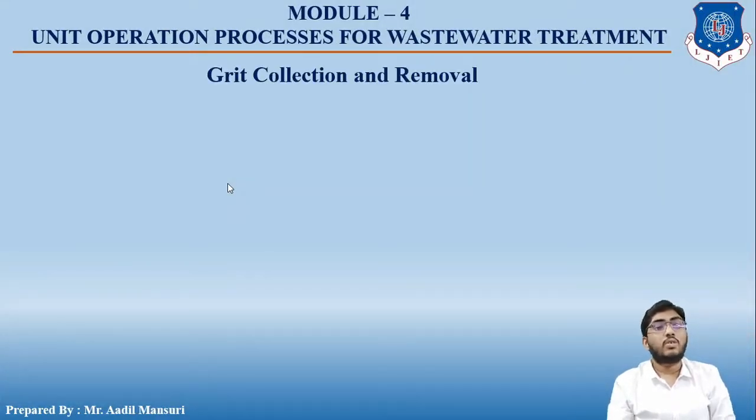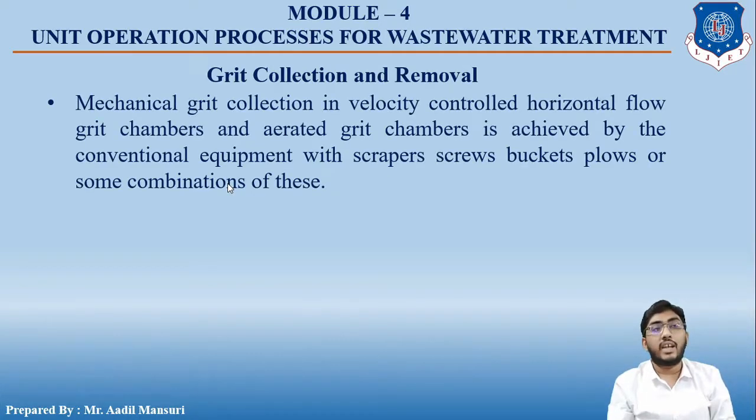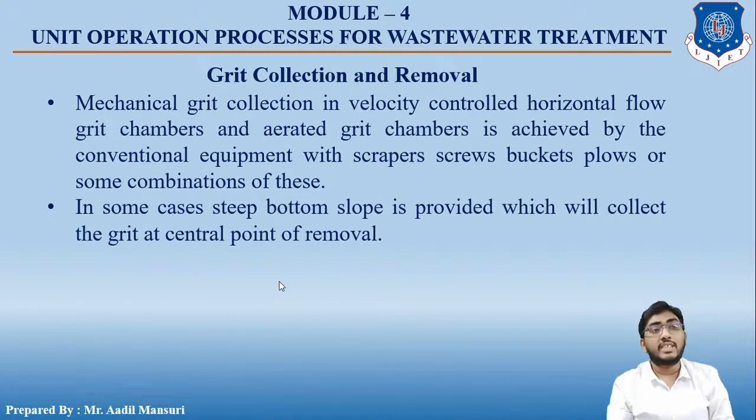So let us now talk about the grit collection and removal. Mechanical grit collection in velocity controlled horizontal flow grit chambers and aerated grit chambers is achieved by conventional equipment with scraper screws, bucket, plows, or some combination of these. Okay. In some cases, steep bottom slope is provided, which will collect the grit at the central point of removal, as I showed in the figure in the last slide.